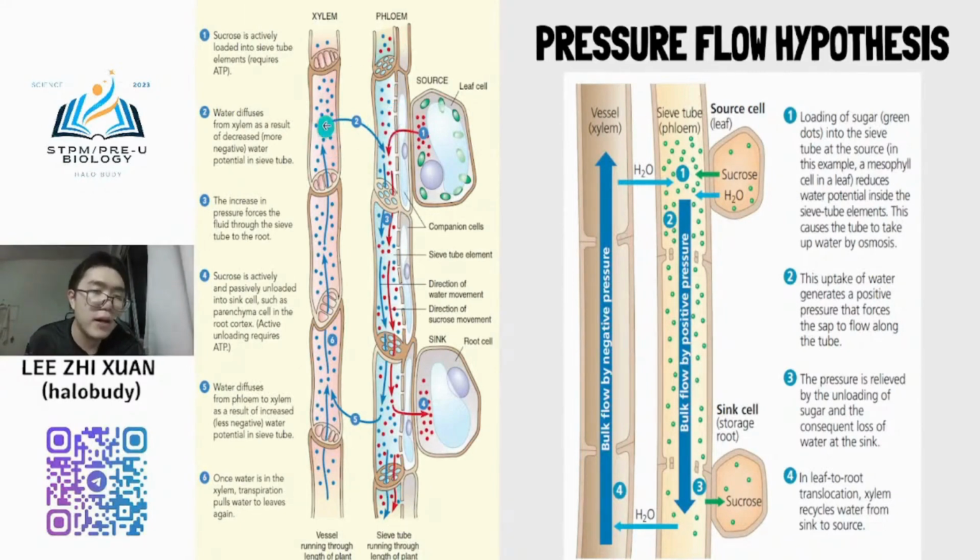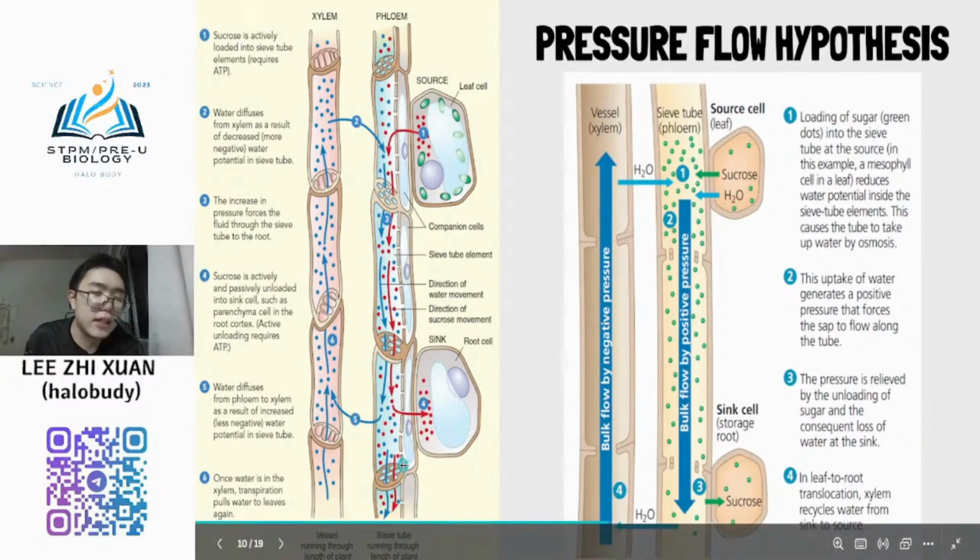So this will cause water molecules to diffuse out from the xylem vessel and flow into the phloem sieve tube. This will increase the pressure to force the fluid to pass from the leaf into the root.